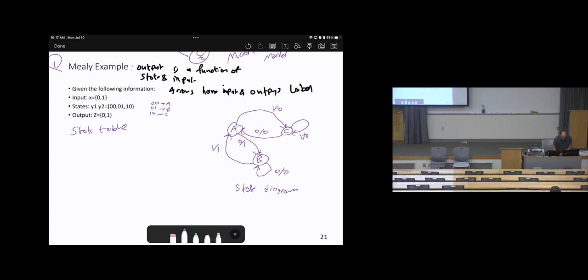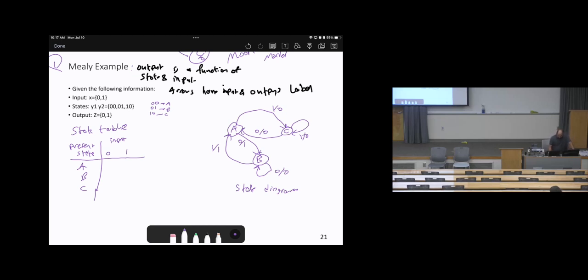Basically we need to write the present states. The present states are A, B, C. Then here we will have the input possibilities. We have only one input, so we have 0 and 1. Then we will draw the outputs and the next states together.